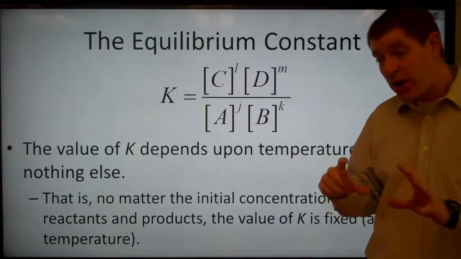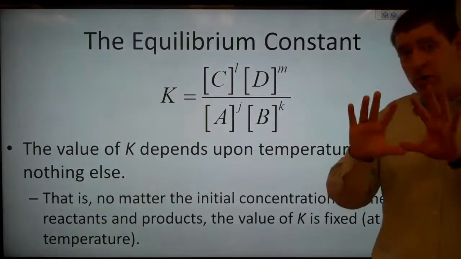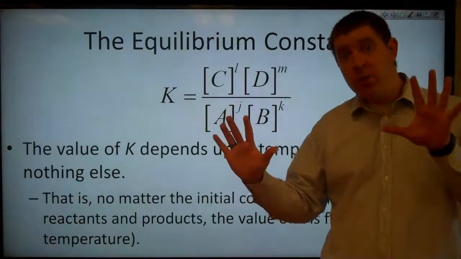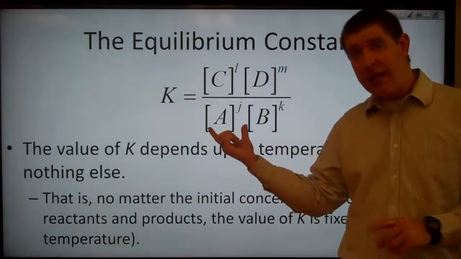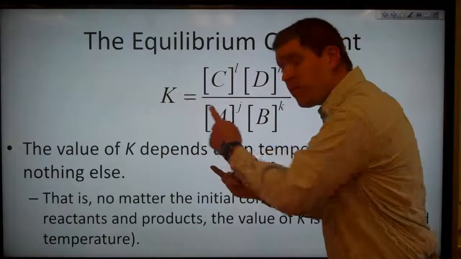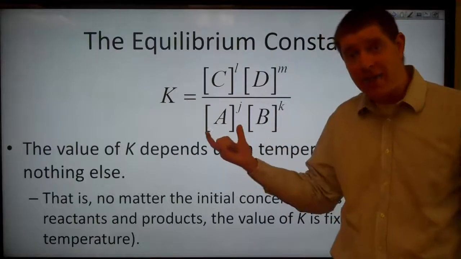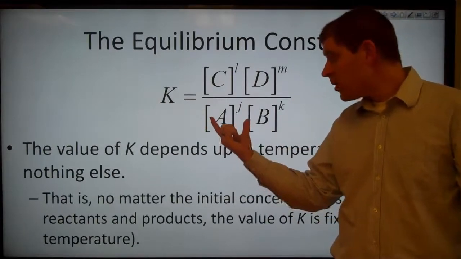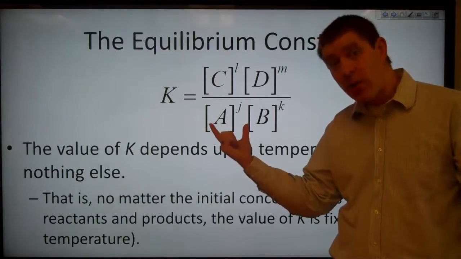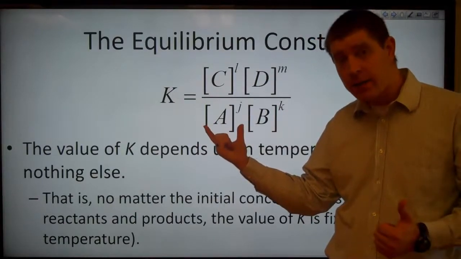So let's say we start out with two flasks, and in one flask we have a little bit more A initially. That means that at equilibrium, to get the same equilibrium constant, which we know we have to have in both flasks, we're going to end up with a little bit more A at equilibrium than we do in the other flask.